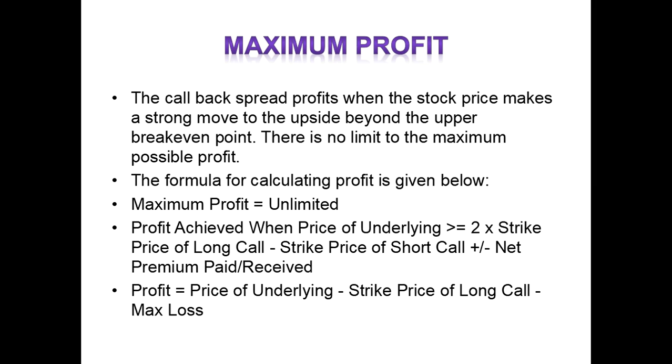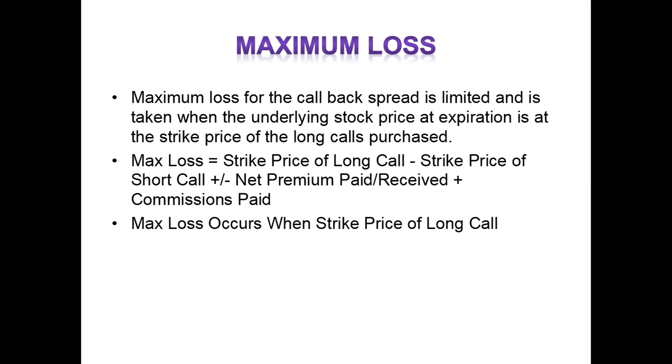The profit is achieved when the price of the underlying is greater than or equal to 2 multiplied by the strike price of the long call, minus the strike price of the short call, plus the net premium paid or received. One more way to calculate the profit is price of the underlying minus strike price of the long call minus the maximum loss. So let's see how to calculate the maximum loss.